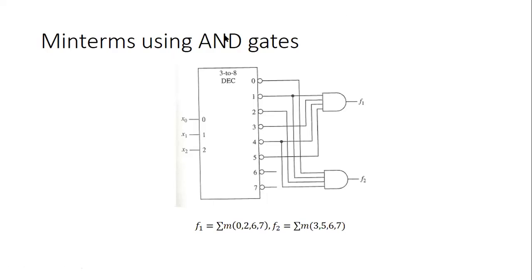So if I put a bubble over here, if I use a NAND gate, then I can write the function for 0, 2, 6, 7 directly. But if you have to implement using AND gate, you have to extract what is not there and write using your AND gate. So this is how we are going to implement min terms and max terms using decoders.